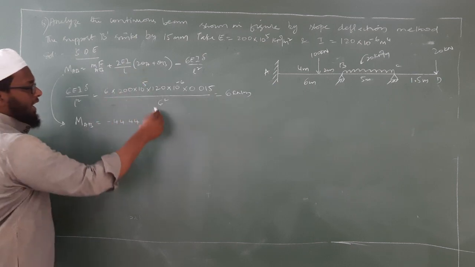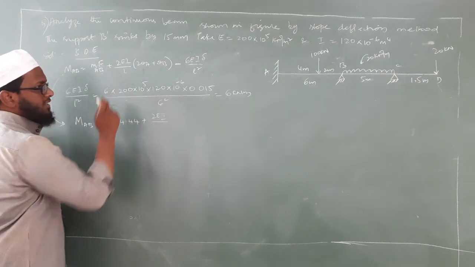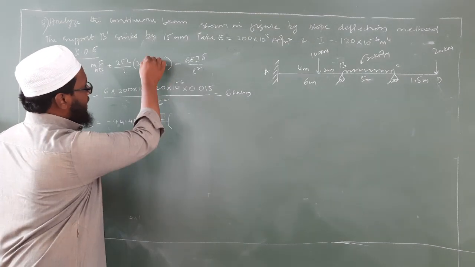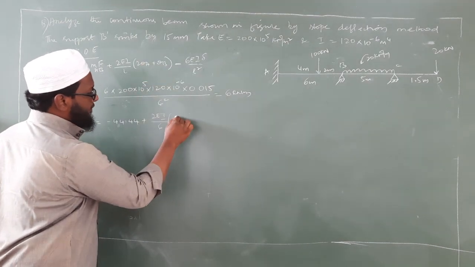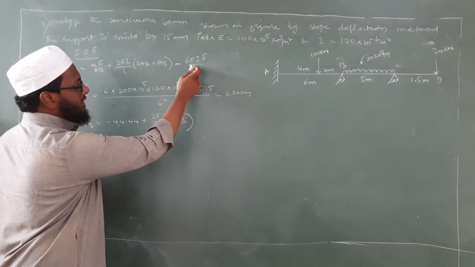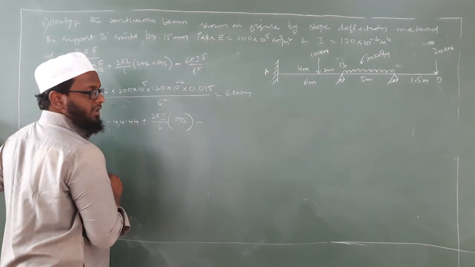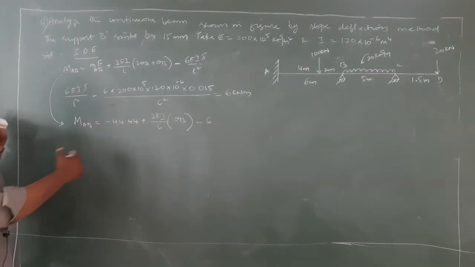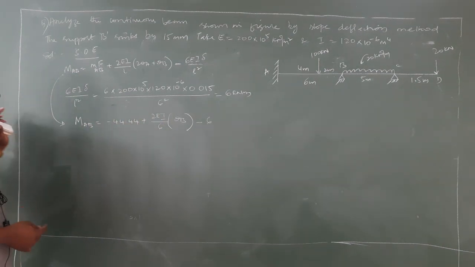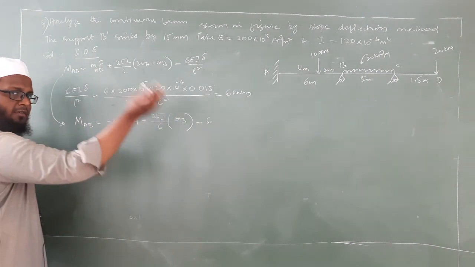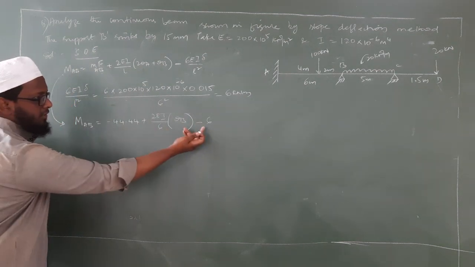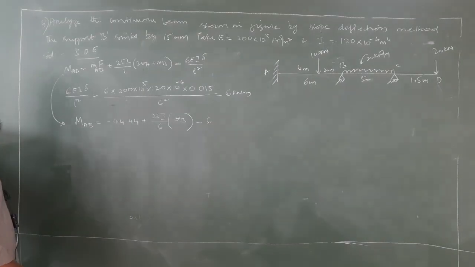So 2 EI by L. What is the value of L? We have 6, right? Into 2 theta A is 0, theta B. What is the value of 6? Minus as it is. Okay, 6. So we got the previous old equation, isn't it? We got the same equation, the ones which we were calculating in the previous problems. So just do this calculation: minus 44, minus 50.44.